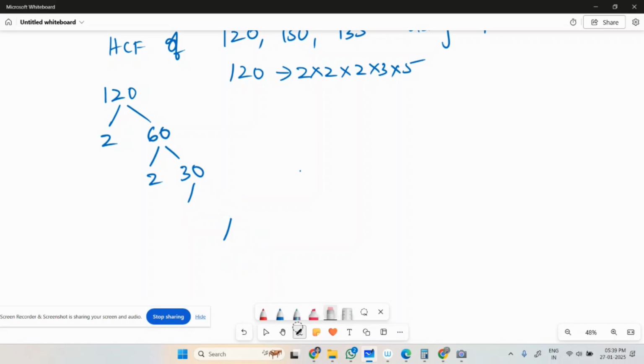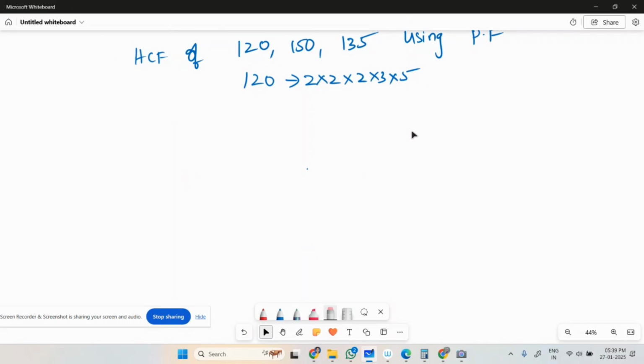Now 150 prime factors. 150 prime factors are 2 times 75. 75 is not divisible by 2, so we will divide it by 3, because 7 plus 5 is 12, which is divisible by 3.